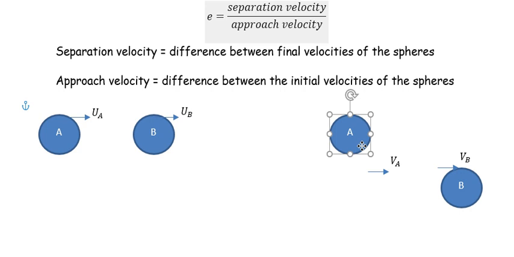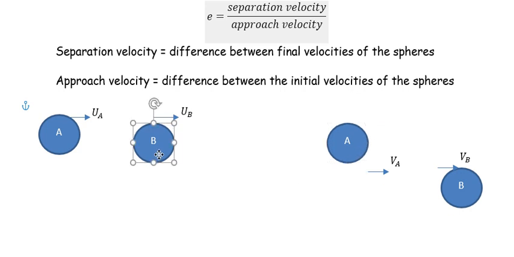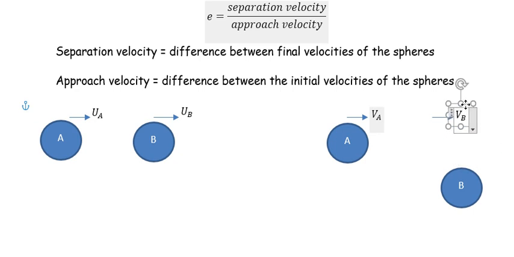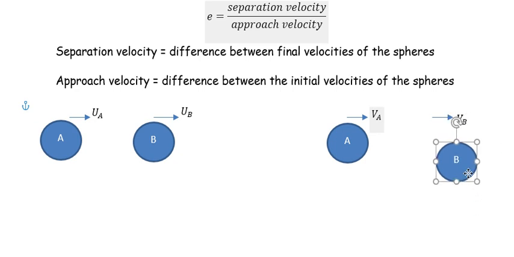Before impact the spheres are moving in that direction. Then after impact, they acquire these final speeds of VA and VB. So we are going to use this scenario to state the Newton's law of restitution.